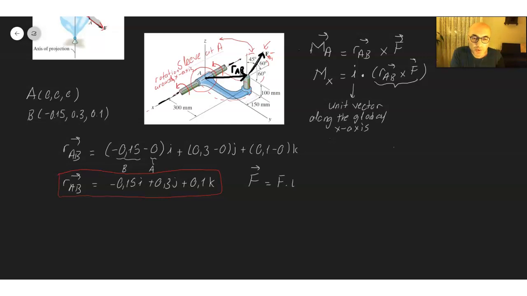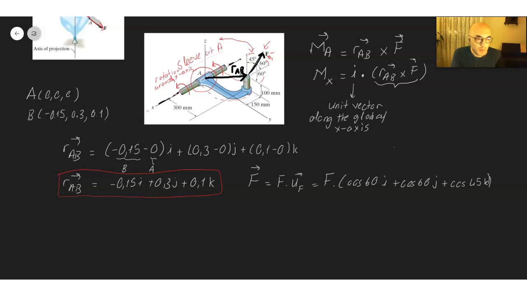So that's F times cosine 60 i plus cosine 60 at the y-axis, so j, plus cosine 45 k.